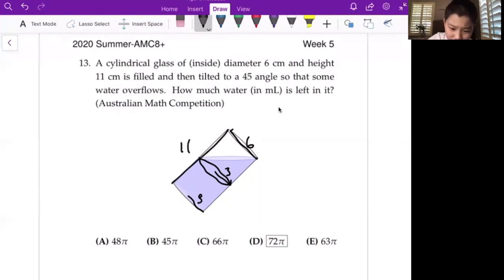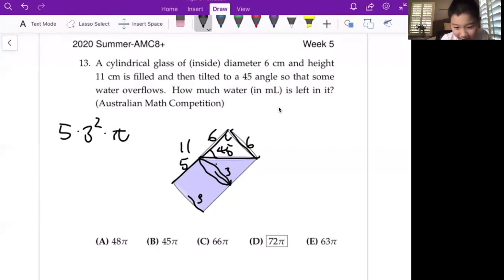So let's think about it again. This is a right triangle that's also isosceles. So this is also 6, and this is 5. So the rest of the calculation, let's just do it. 5 times 3 squared times pi.